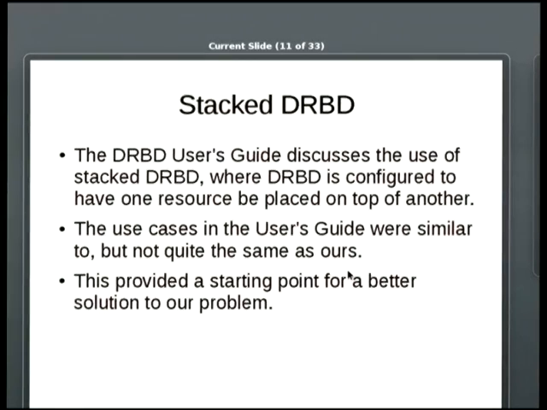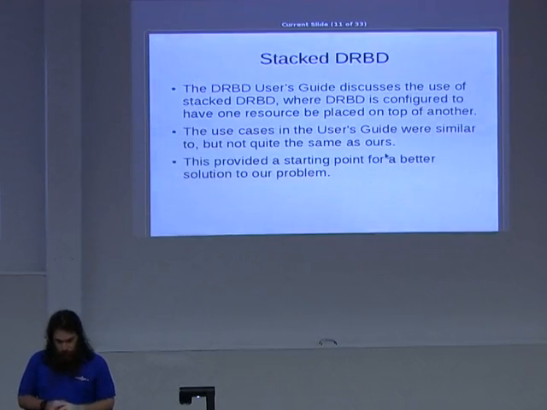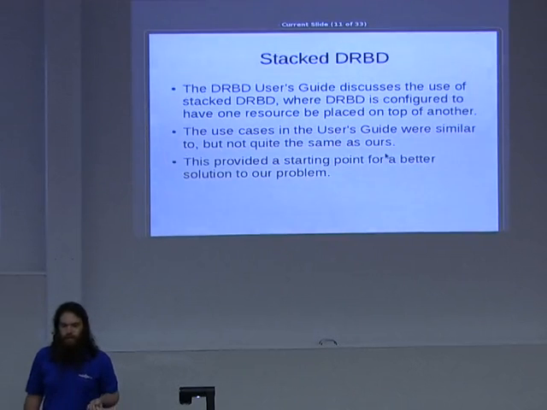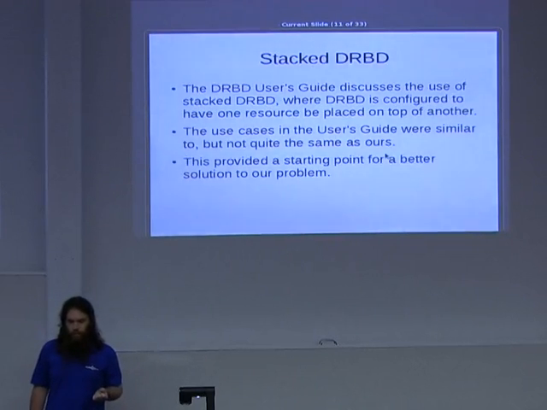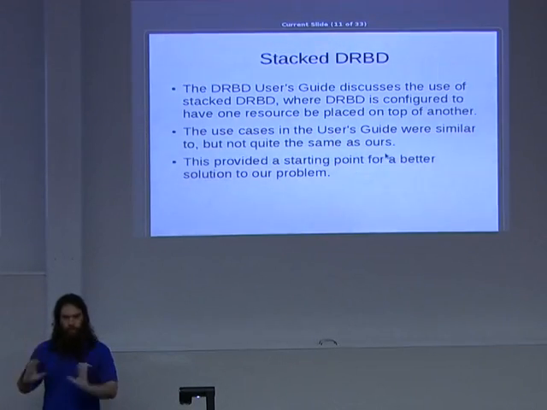At which point I turned to the DRBD user's guide, which is very complete and has a lot of information on how to use DRBD. And one of the things it suggests is using stacked DRBD. As I said before, DRBD 8 can only replicate between a pair of nodes.